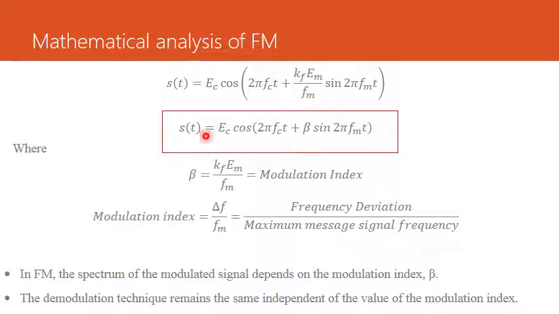So the equation has become S of t is equal to Ec into cos of 2 pi Fct plus beta into sin 2 pi Fm into t, where beta represents the modulation index of FM. This modulation index is equal to delta F by Fm, where delta F is the frequency deviation, which is equal to Kf into Em divided by the maximum message signal frequency.